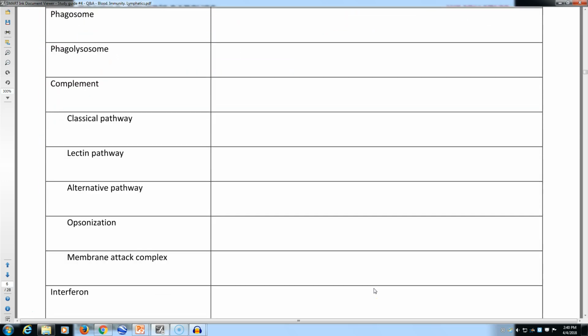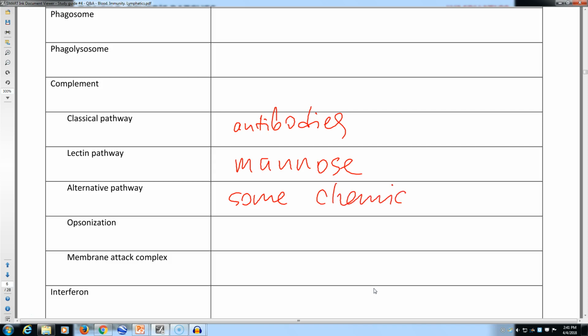For complement, three pathways. So they stimulate each other. Classical pathway is going to be antibodies. Lectin pathway, remember it's a sugar called mannose. And for the alternative pathway, some chemicals on the bacterial surface.